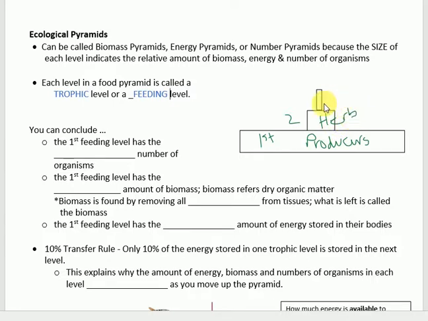And then our tertiary, these are going to be our primary carnivores. And then we could have another level here, and that would be our secondary carnivores.